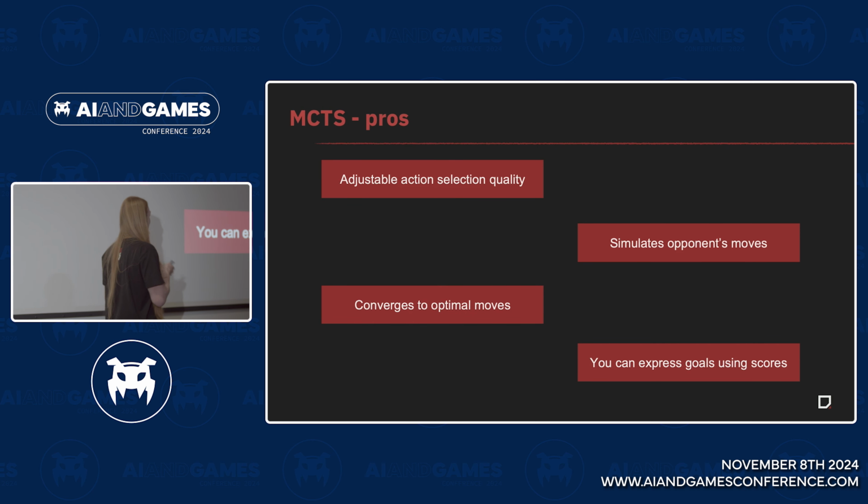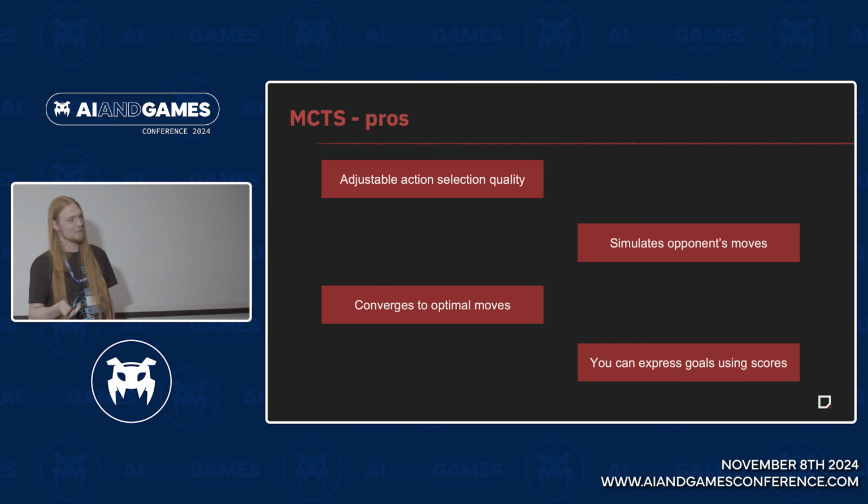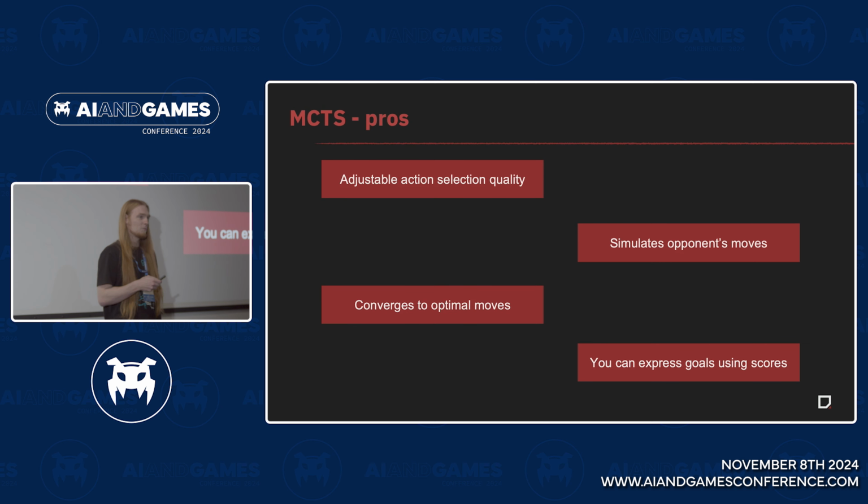The very important part is that it can simulate the opponent's move, and it was crucial for a game like that, where you have to really anticipate what your opponent can do, and you want to maximize the performance. Given enough time, it should converge to optimal solutions, but of course, in practice, we never have enough time for it to converge. So it will always be an approximation of action quality, but it's a good thing because you get more variety of behavior that way.